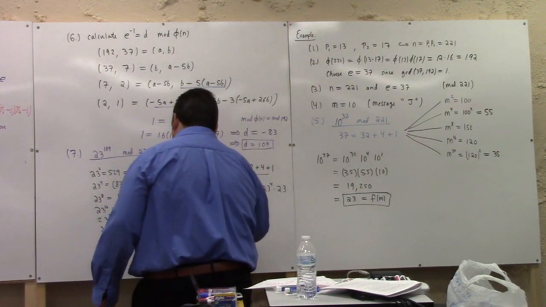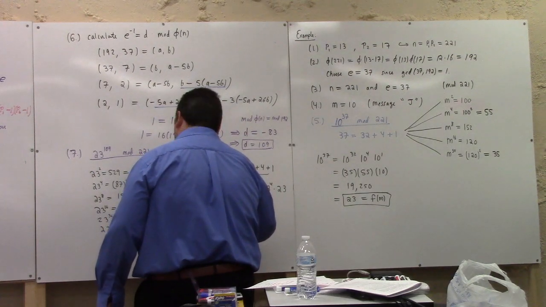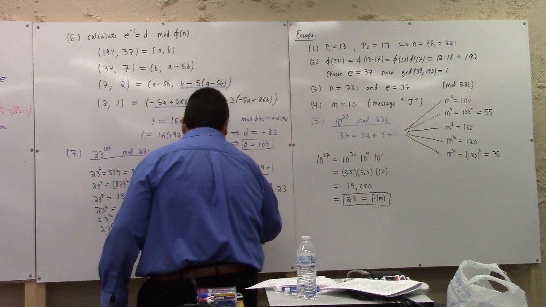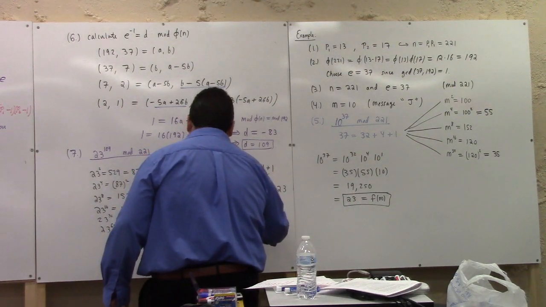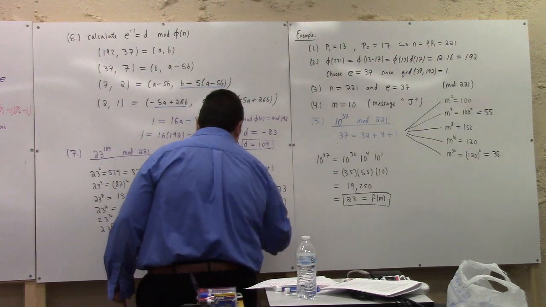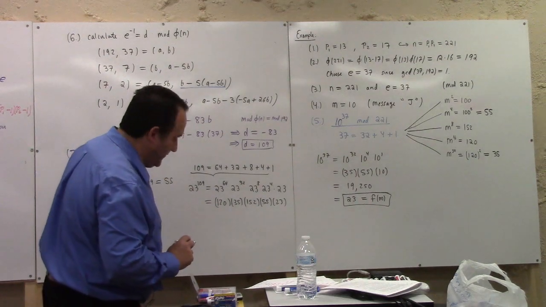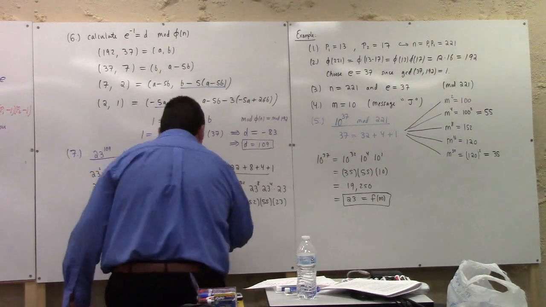That's 120 times 35 times 152 times 55 times 23. 120 times 35 is 4,200.